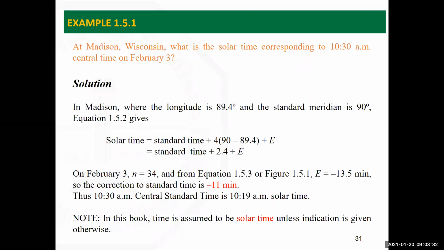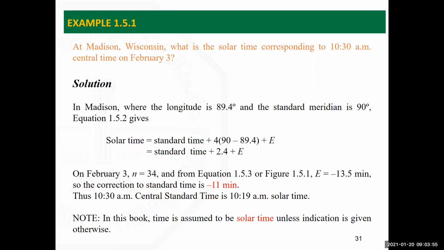So at Madison, Wisconsin, what is the solar time that corresponds to 10:30 in the morning on February 3rd? To do that, we need to know the standard longitude, which is 90 degrees, and the local longitude, which is 89.4.